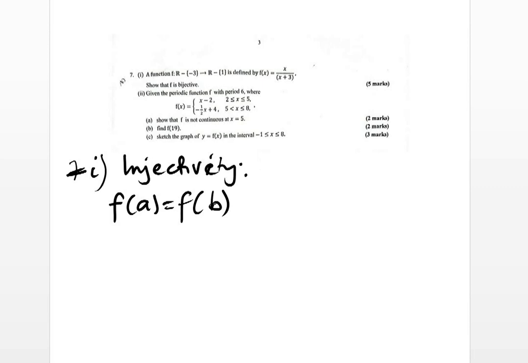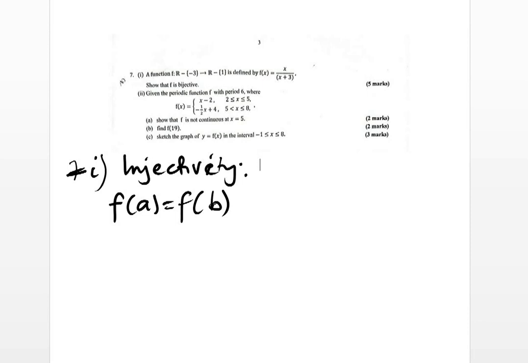To be injective means that you assume you have two elements A and B in the domain for which their images are the same. If you arrive at the conclusion that A is equal to B, it means it is injective, it is one-to-one.